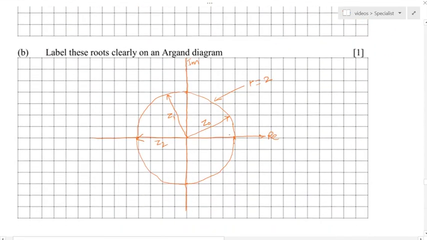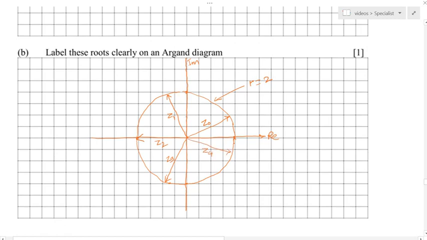From here you went to plus 3 pi over 5, you landed here. If you go minus 3 pi over 5, you will land here. That's my z1, z2, this is z3, and z4 is 2 cis minus pi over 5. This is plus pi over 5, minus pi over 5 will be here.